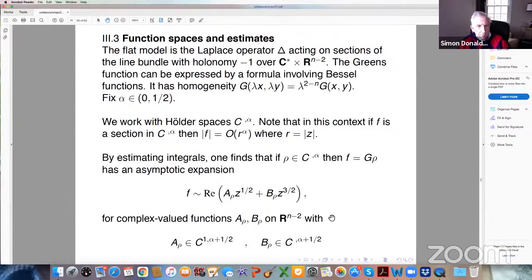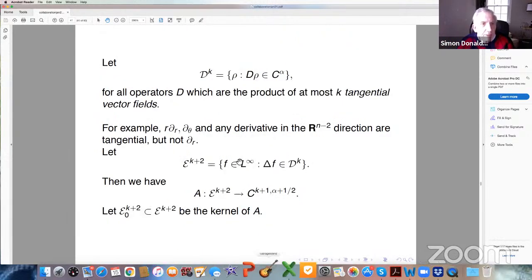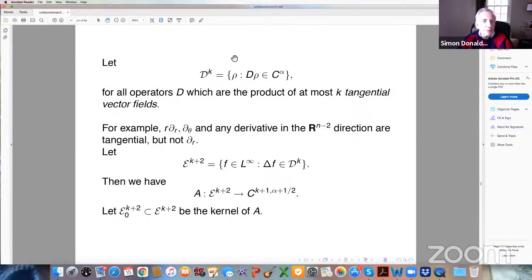By doing fairly straightforward estimates of these integrals, we get some Hölder bounds on A rho and B rho. So B rho is continuous. It's not quite differentiable, because alpha plus a half is morally 1, but it should be roughly C^1, but we're not quite there. So B is a bit less than being a differentiable function. A is a bit less than being a twice differentiable function.